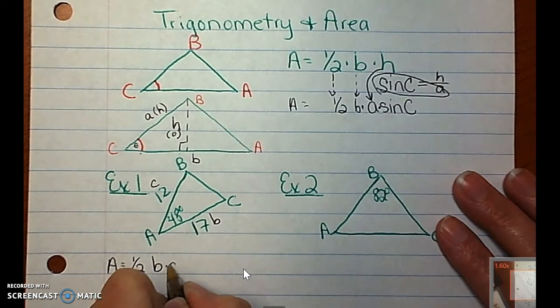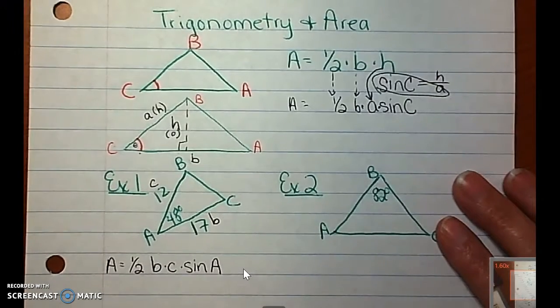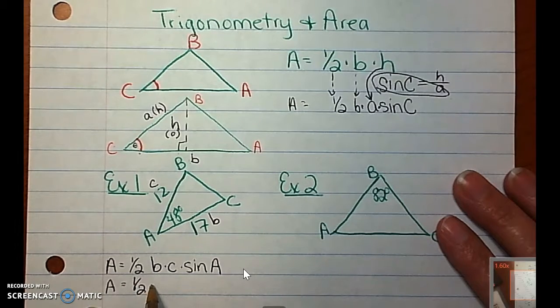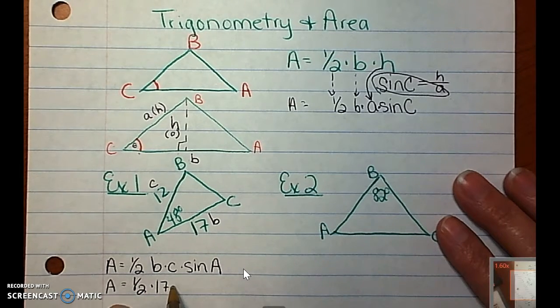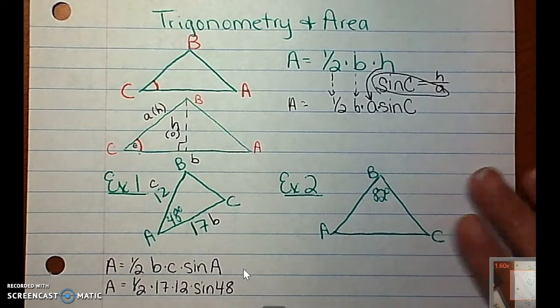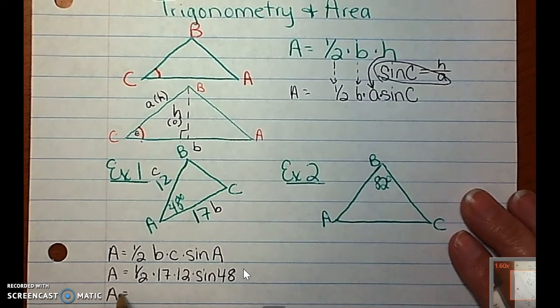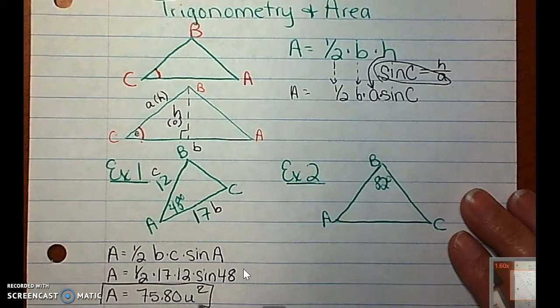So I'm going to have B times C, and then times the sine of the angle, which is A. So then I'm just going to substitute in my values, 1/2 times 17 times 12 times the sine of 48 degrees. And I'm going to put that in the calculator. And when I put that in the calculator, I get an area of 75.80 units squared. And that's my area.